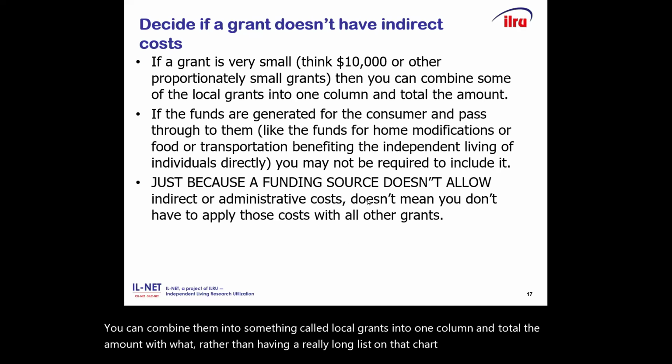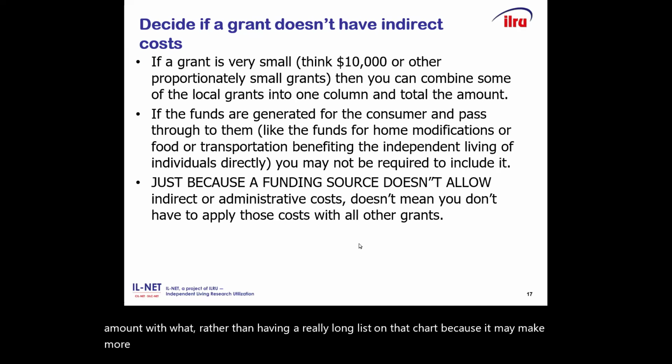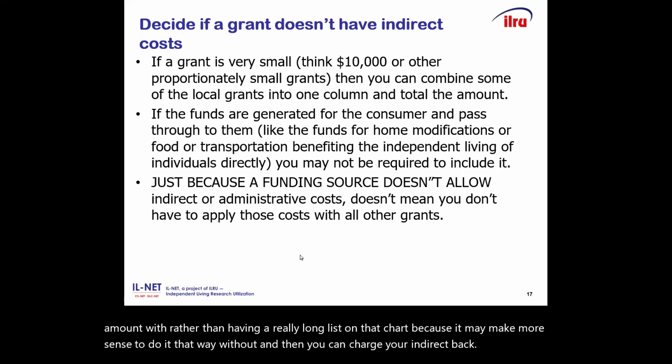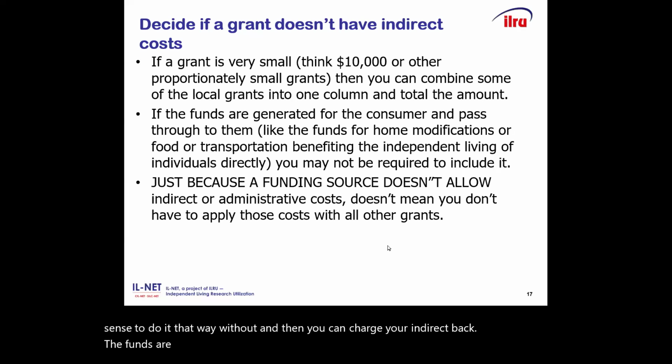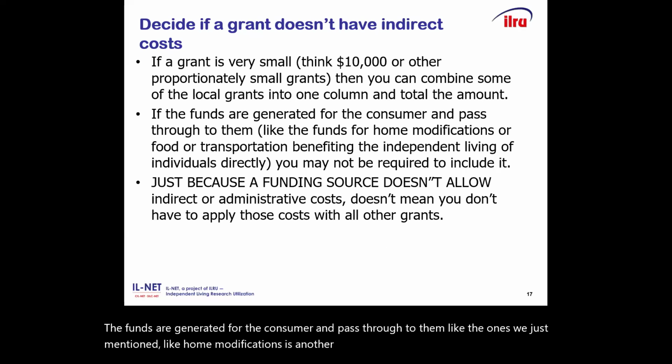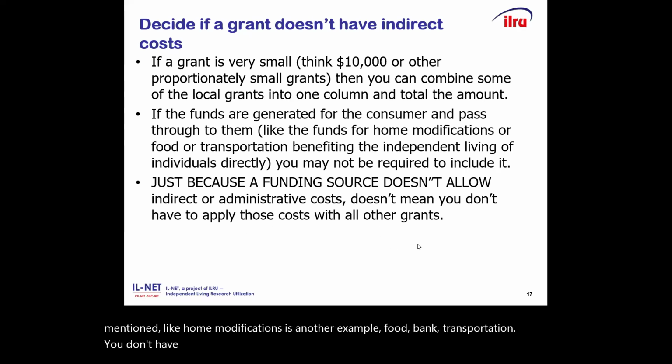Then you can charge your indirect back. The funds are generated for the consumer and pass through to them, like the ones we just mentioned. Home modifications is another example. Food bank, transportation, you don't have to include them in indirect costs.